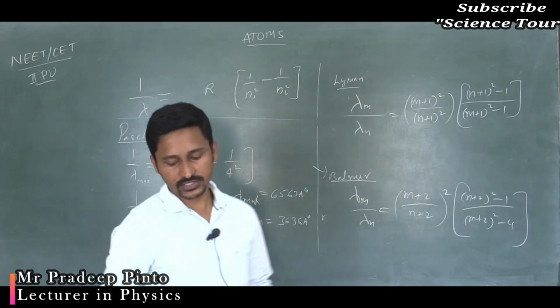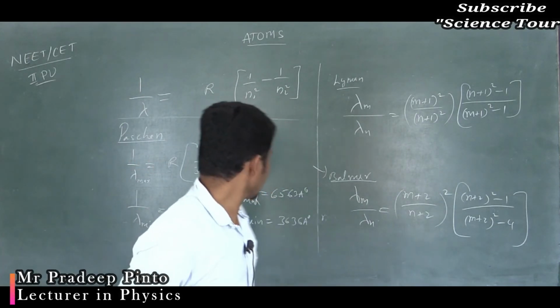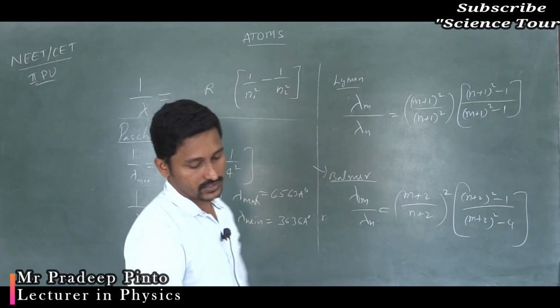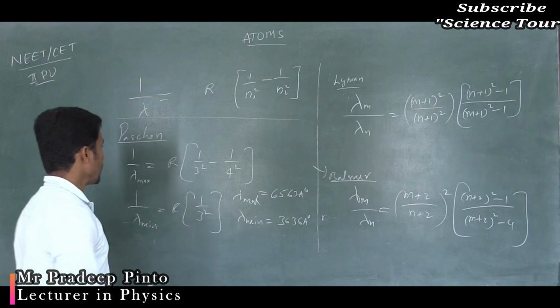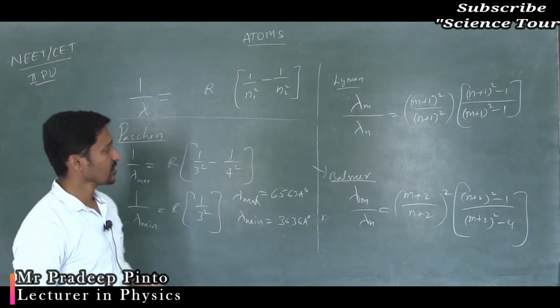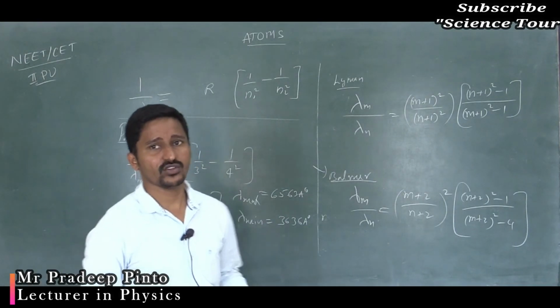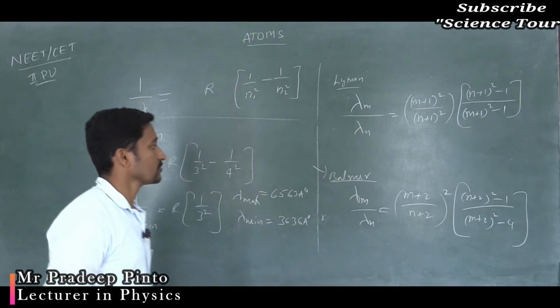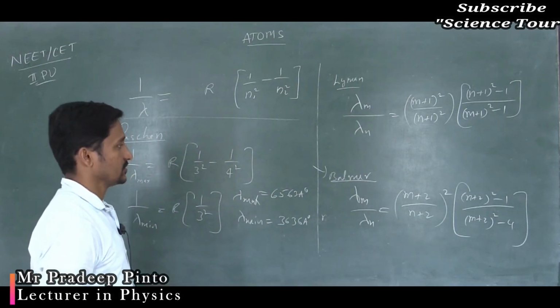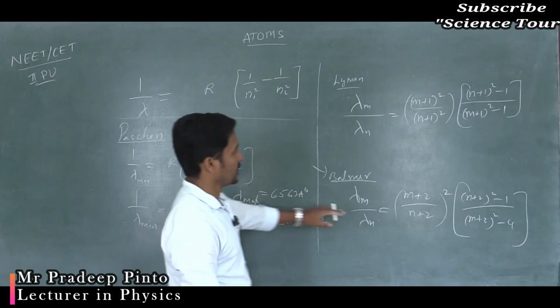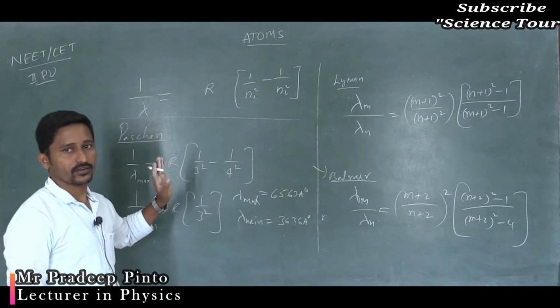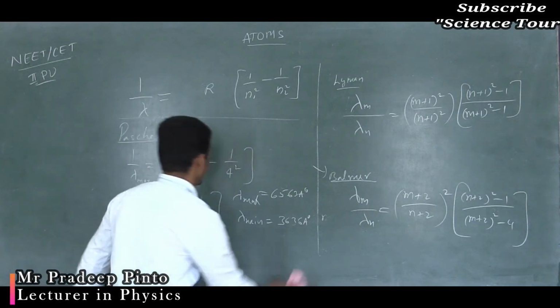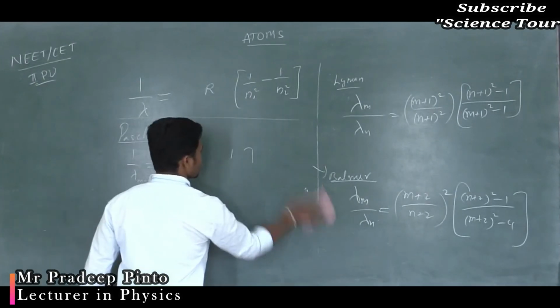It lies in the infrared region. So this is a simple thing. They will ask you to find out the ratios, so see it. You can use this directly, or else by using this formula also you can find out, while we solve this question.